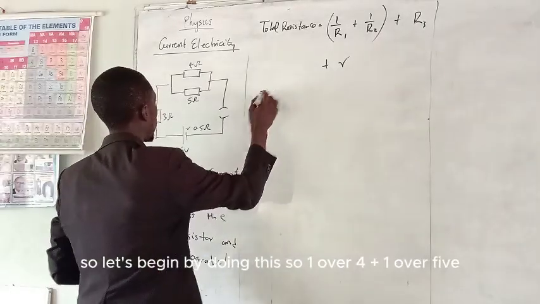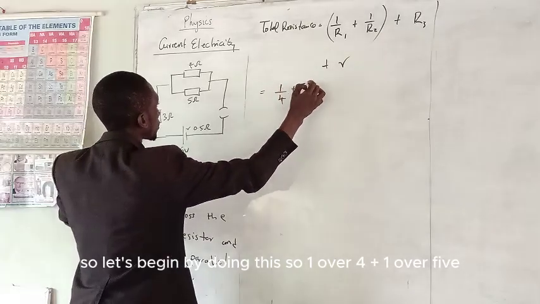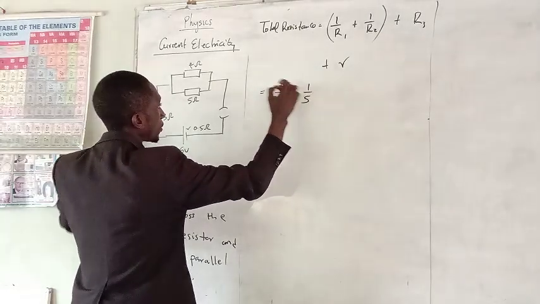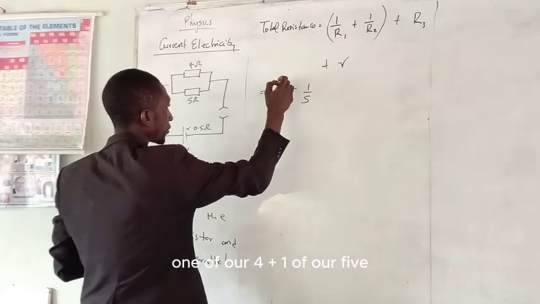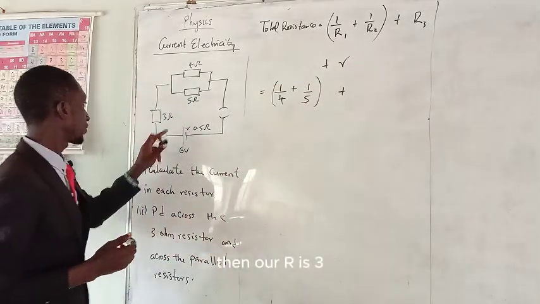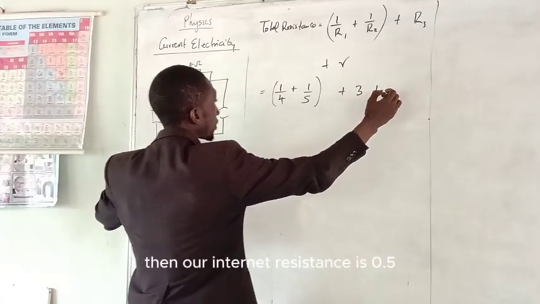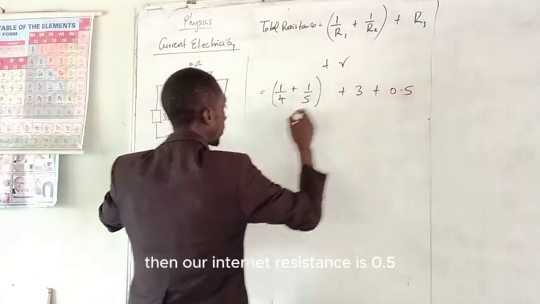So let's begin by doing this. 1 over 4 plus 1 over 5. Then our R3 is 3. Then our internal resistance is 0.5.